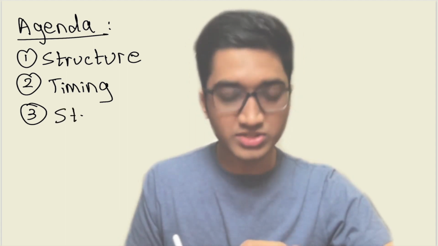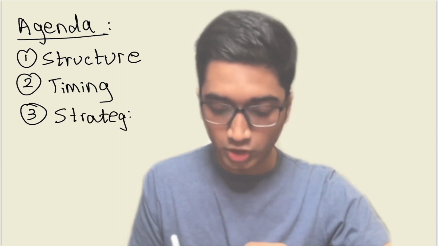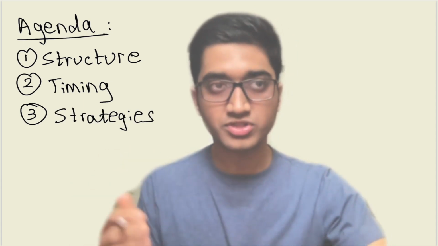The second thing I want to talk about is timing. So essentially, how you should time various things or various components within the quiz. The third thing I have in mind after that is going to be overall strategies, which I have in mind for how you can approach this quiz.